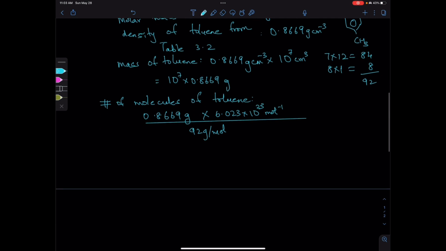So the number of molecules comes to 567.5 times 10 cube times 10 to the 23 molecules. So this is N1.